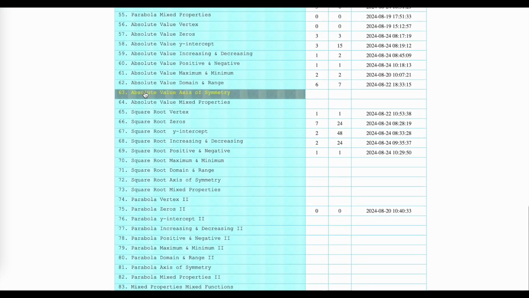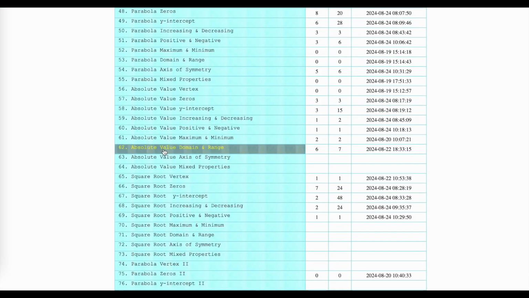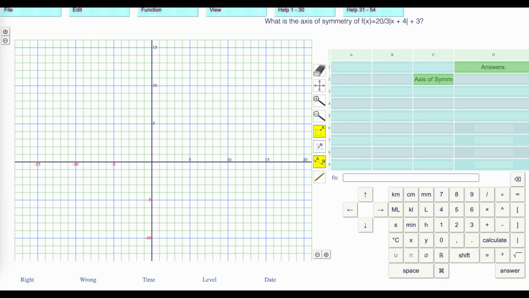We could go to the absolute value axis of symmetry. So this has an axis of symmetry. It's going to be x is equal to the h value, negative 4. If we graph this, we have negative 4, 3, which is right there. It's opening up. The y value is 20 divided by 3 times the absolute value bracket, the x value, plus 4, which makes 0.